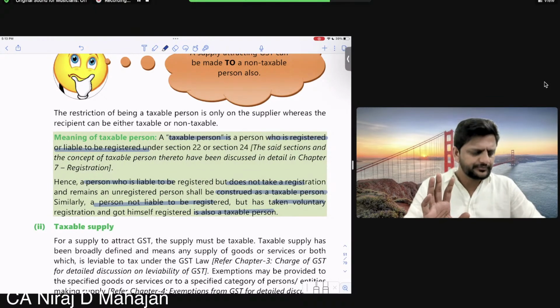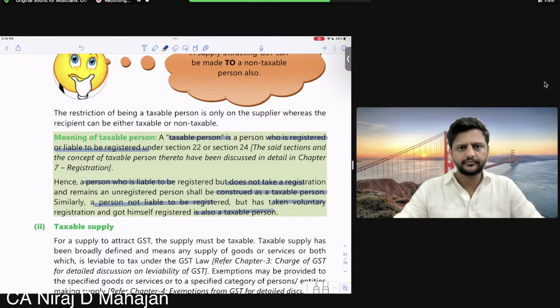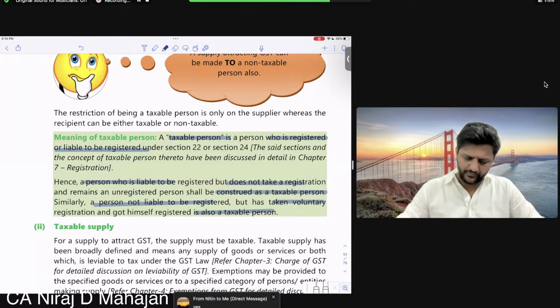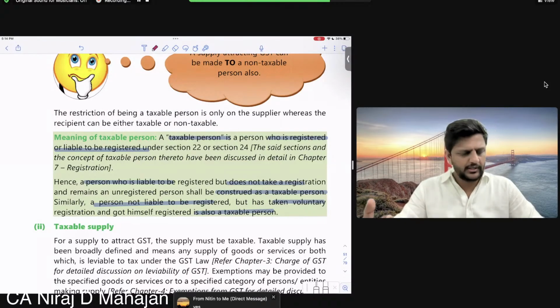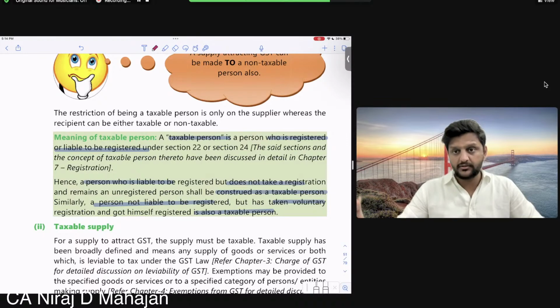So when a supply is made by a taxable person, two conditions should be satisfied: supply by a taxable person, and secondly, supply of taxable goods or services.